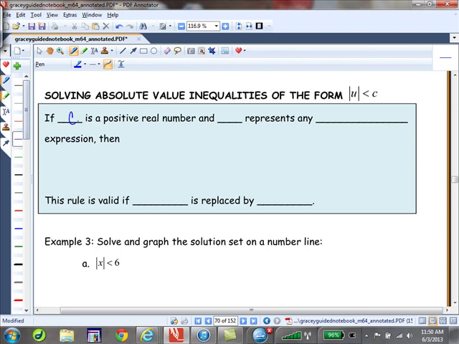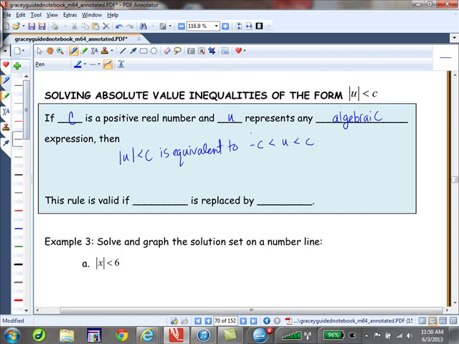If C is a positive number and U represents any algebraic expression, then absolute U less than C is equivalent to -C less than U less than C. So that is the rule for that one.